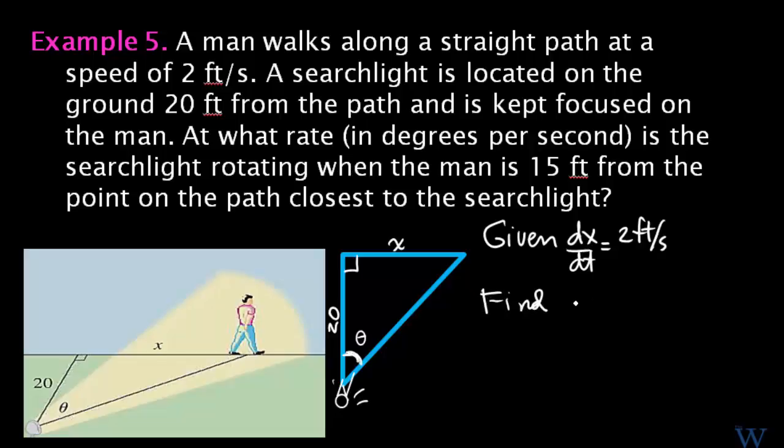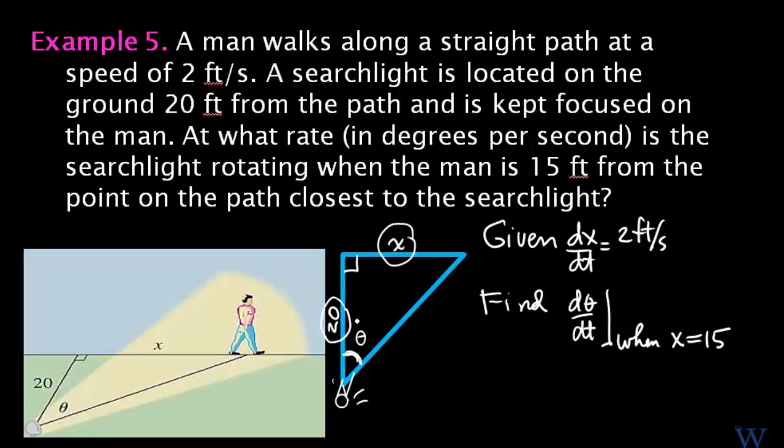So what we're asked is to find dθ/dt in degrees per second, at the instant when x is 15. So what do you think would be our equation? We've got an angle, the side opposite, and the side adjacent. So what is that trig function that relates opposite over adjacent?